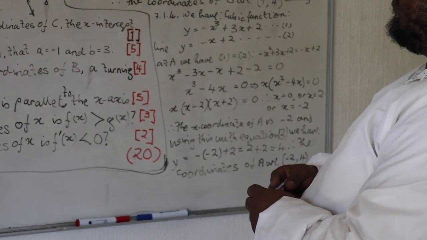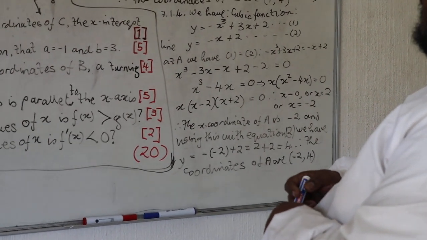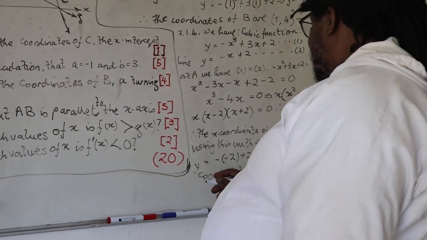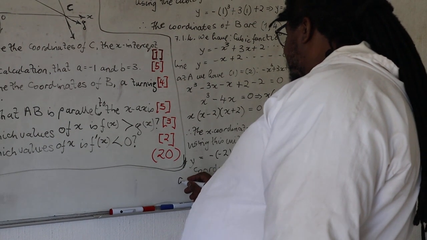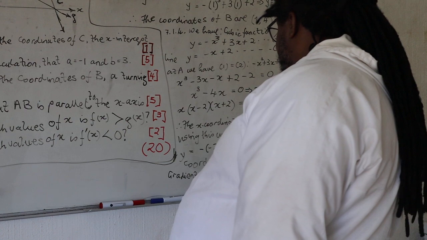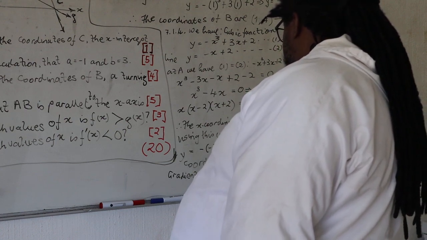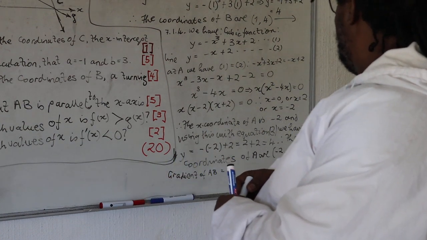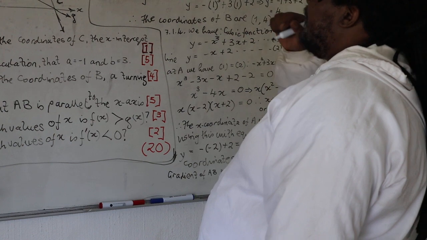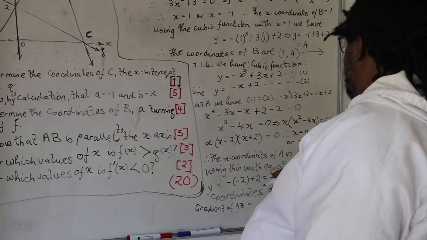So in other words, if you draw a line from A to B, it passes through 4 and gets to B, and you can further show the gradient of AB by taking the y coordinates of point B and point A.